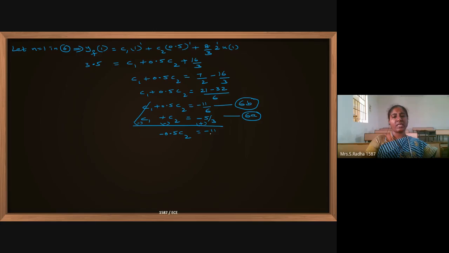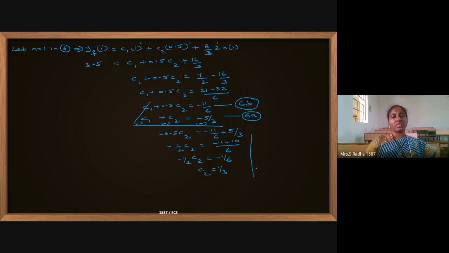Right side it is minus 11 by 6 plus 5 by 3. And here it is minus half C2. Right side, if you make 6 as LCM, it becomes minus 11 plus 10. You can also cancel the 2. So half C2 is minus 1 by 6, minus minus cancel, and C2 value is 1 by 3.